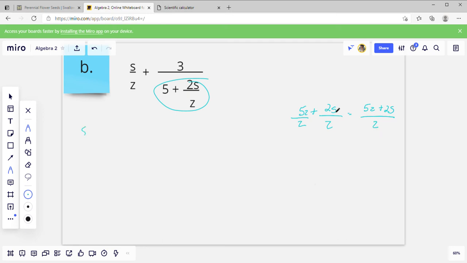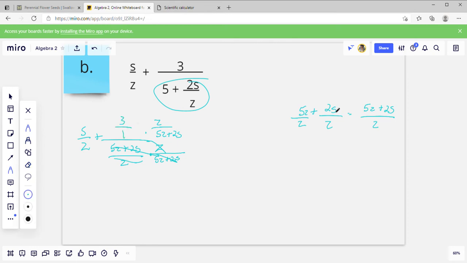Alright, so now I've got s over z plus 3 over 5z plus 2s over z. Now I need to flip this and multiply. Those all cancel out. This is really 3 over 1.